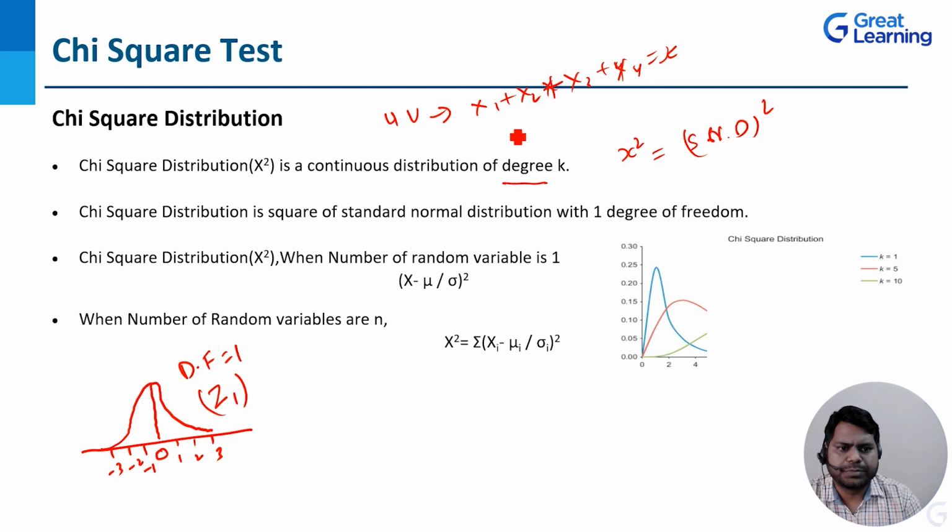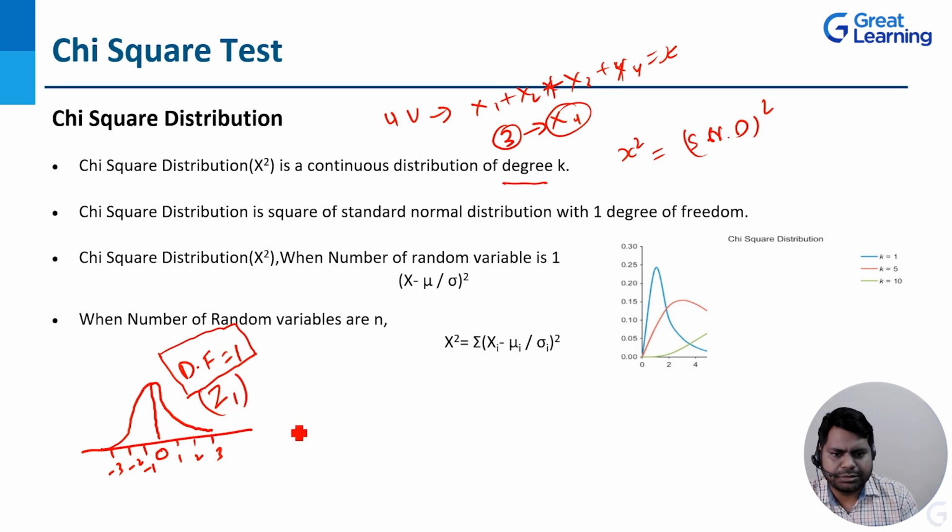Then how many variables do we need? We need at least 3 variables to derive the fourth one. This is the way we can understand what degree of freedom is. So in this example, when we are considering Z1, the degree of freedom is 1.